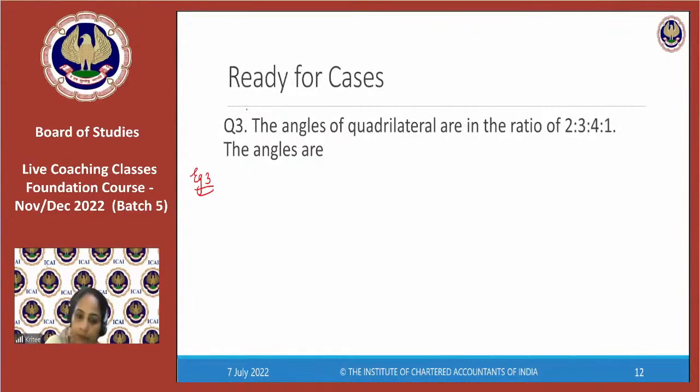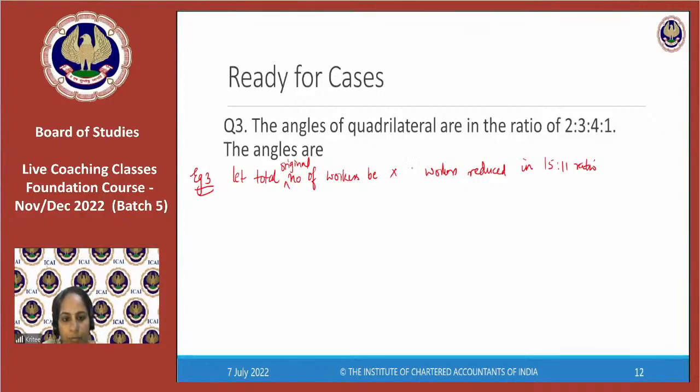Now focus on this. Let the total number of workers be X. This is the original number of workers. And the workers are to be reduced in the ratio 15:11. You remember FMR?